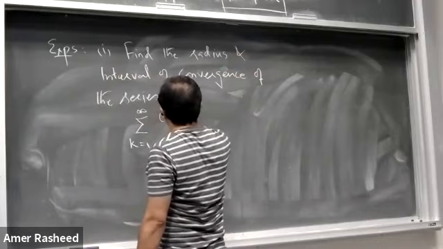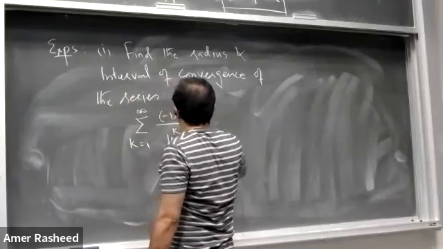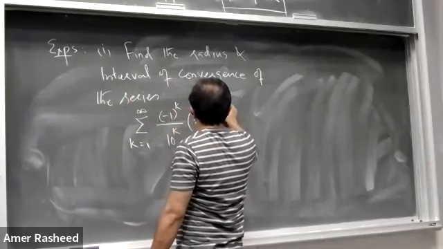minus 1 power k divided by 10 power k x minus 5 whole raised power k.